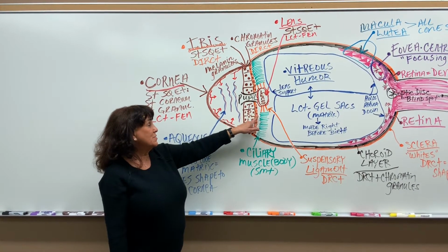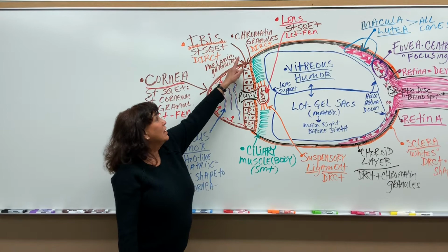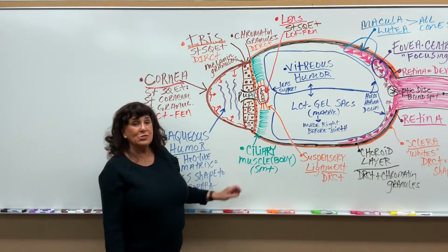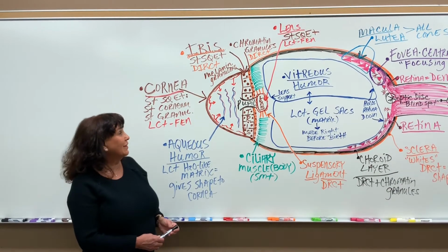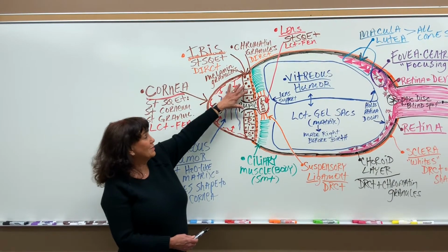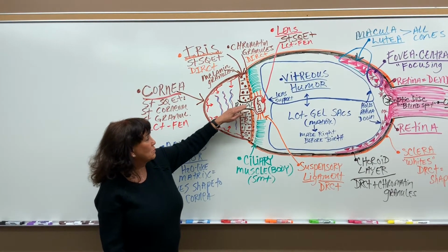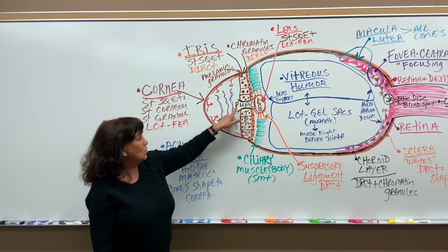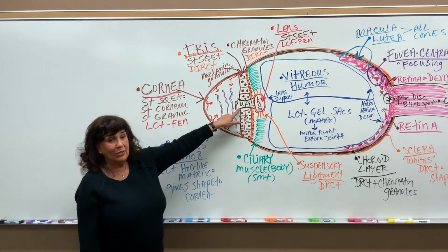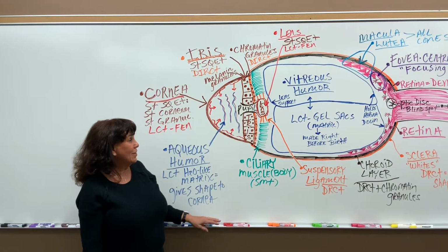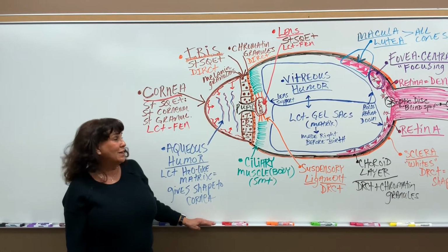And then the CT cells underneath, the dense irregular, it's going to have chromatin granules in it to also deflect the light rays, okay? So that's what the iris does, is deflection of light rays, so that the light rays can go through the space, the hole in the center called the pupil. That's usually always black, except in albinos it would be red due to the reflection of the light, the blood vessels in the back.